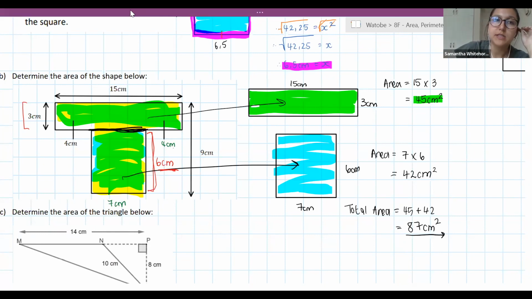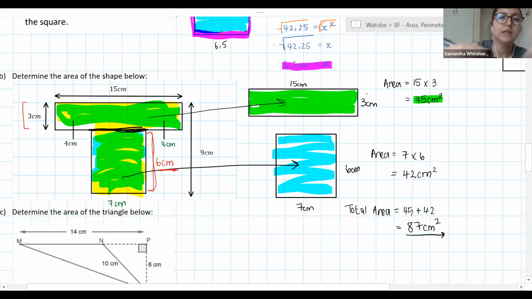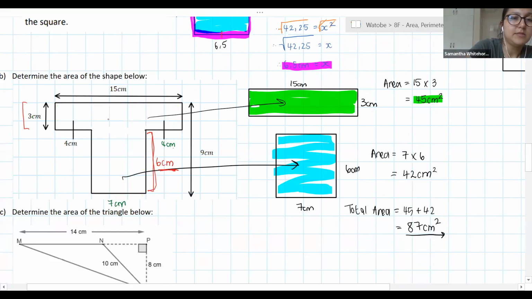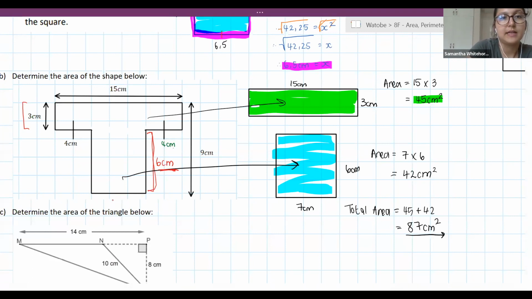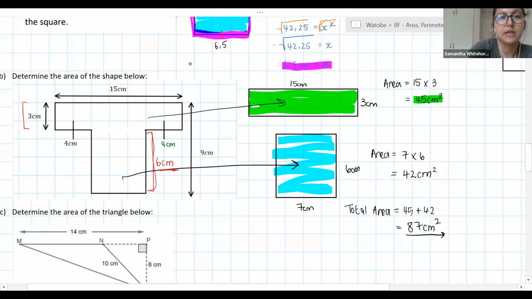Okay, perfect. So the 7 centimeters, if I just take all of this off. I got the 7 centimeters because I already knew that I had, wait, sorry, I'm panicking. I've got the 4 centimeters along each side of my T. So I've already got 4 centimeters from the 15 centimeters on either side.